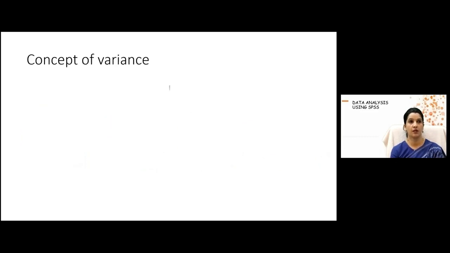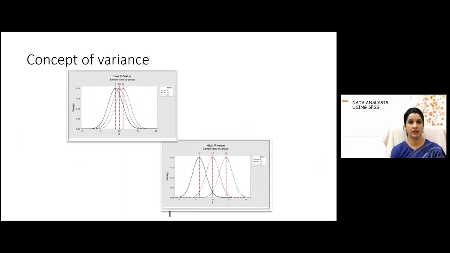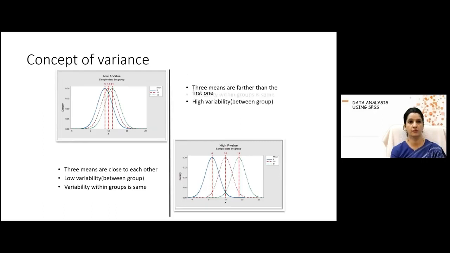So now coming to another concept, variance, which is explained here. You can see three bell-shaped graphs: a dotted red, a dotted blue, and a dotted green. If you see these three, there is a low F value. Why? Because the between subject variance is low.